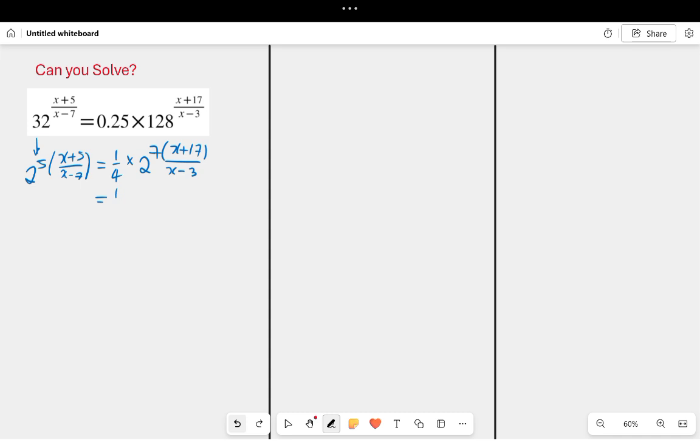So therefore, instead of writing a quarter, we are going to write it as 2 raised to power negative 2 multiplied by 2 to power 7 into brackets x plus 17 divided by x minus 3. Right.